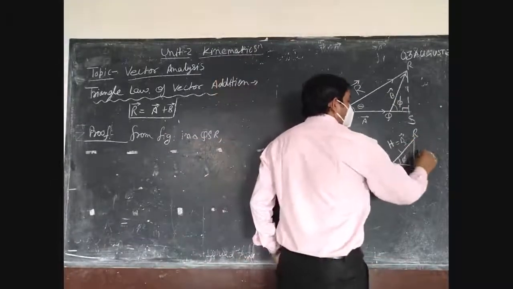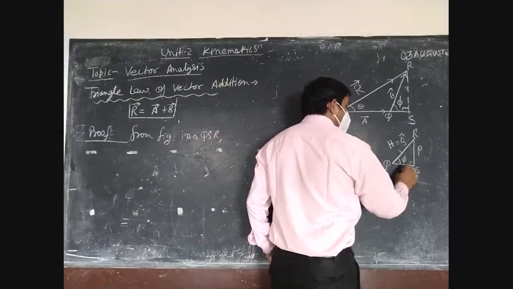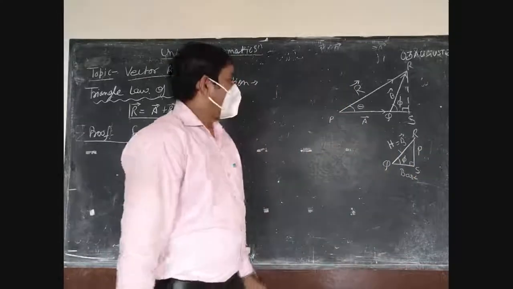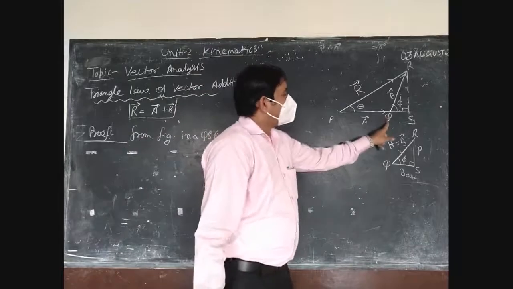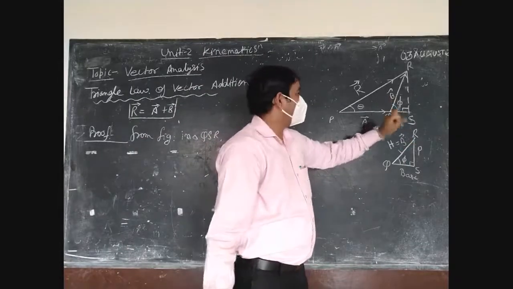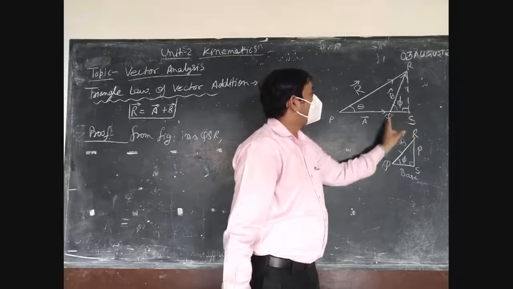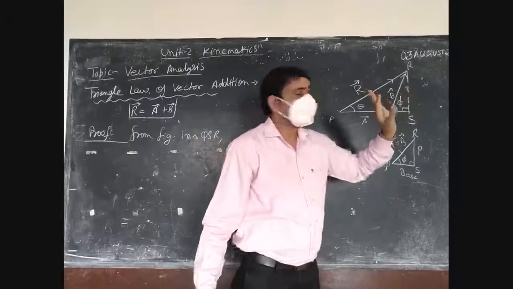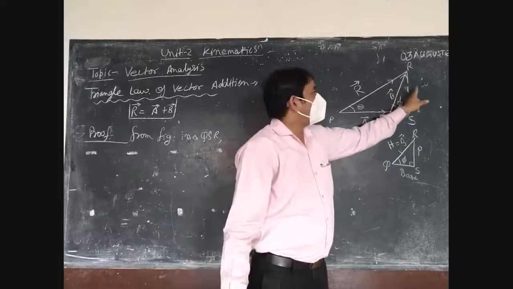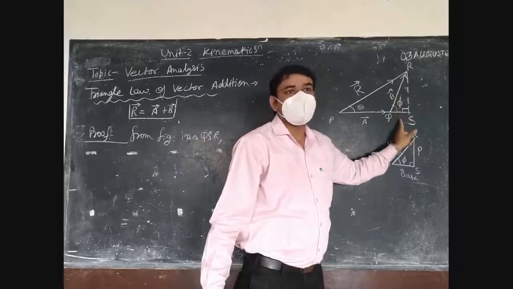Next, this works as the perpendicular and this works as the base. Clear to all? We need to derive the relation of QS in terms of B and the relation of RS in terms of B again.